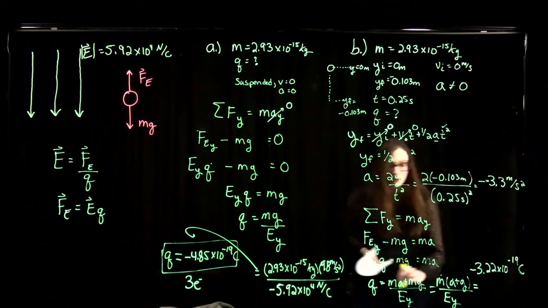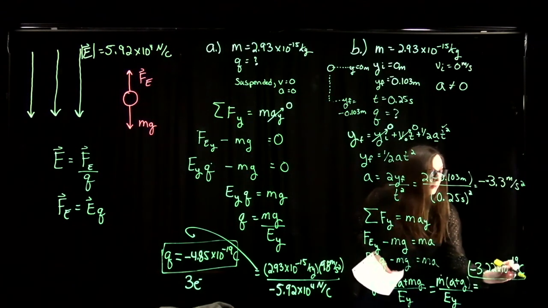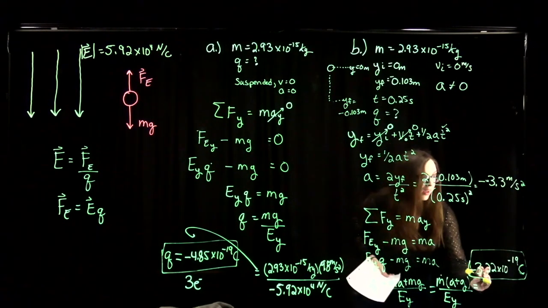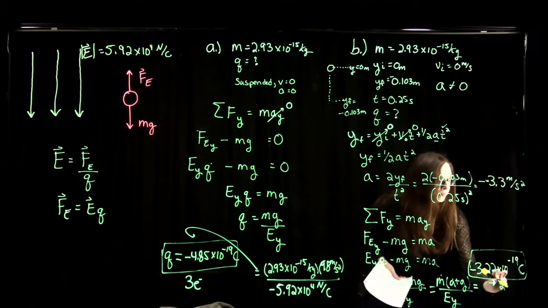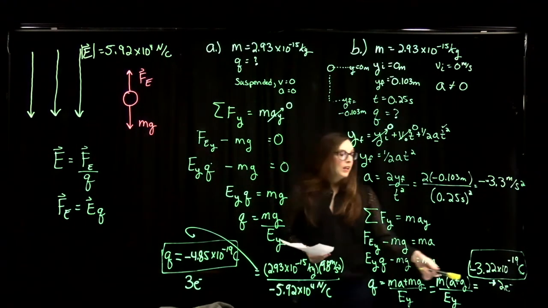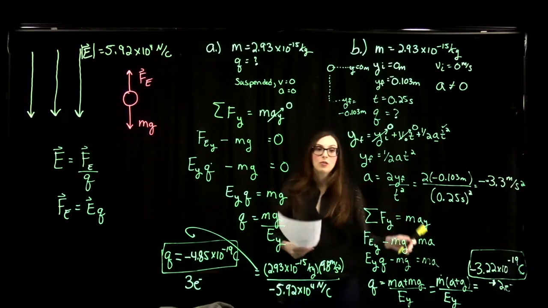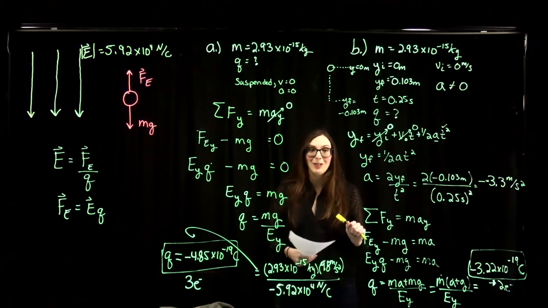And if I wanted to divide that by the fundamental charge, I would see that this mass has an excess of two electrons. It has a charge of 2 times negative 1.6 times 10 to the minus 19 coulombs.